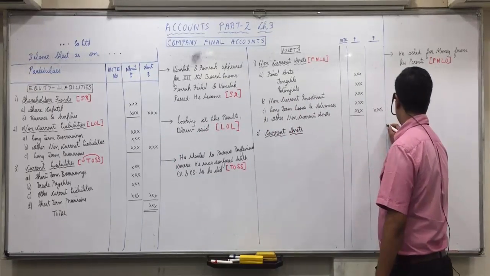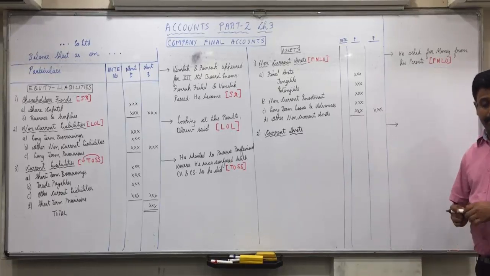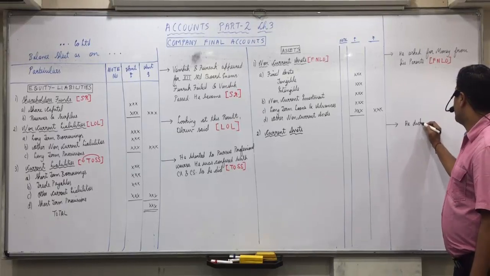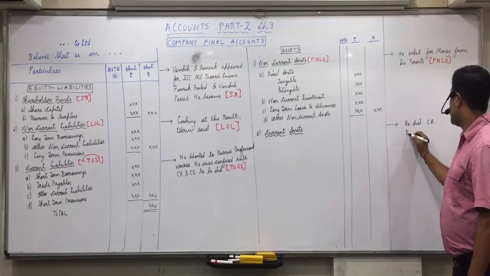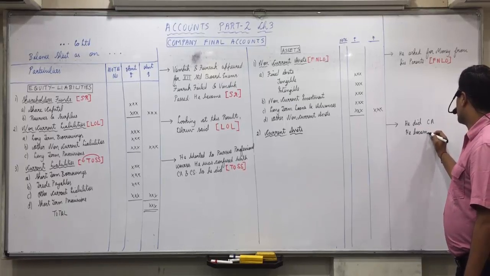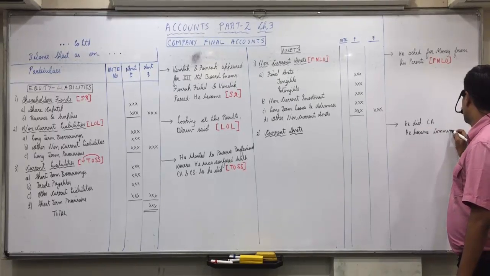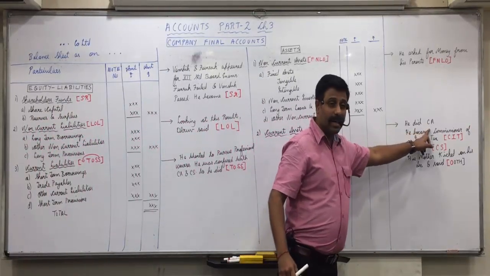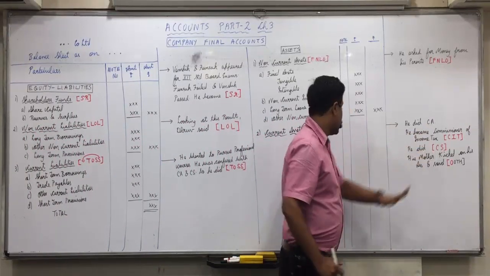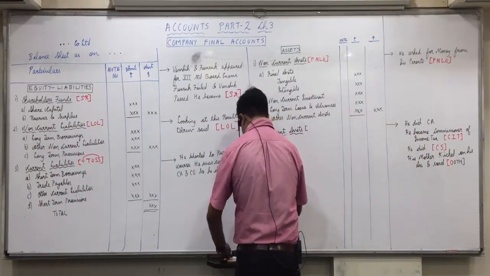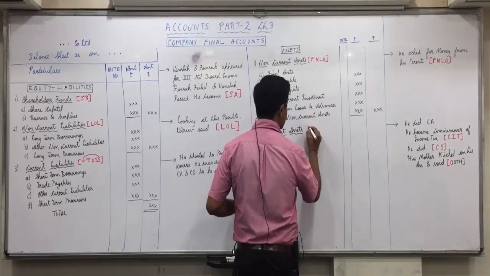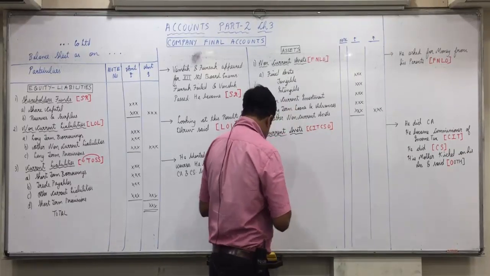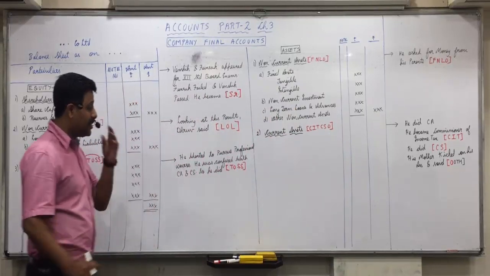After non-current assets we have current assets. Now in front of current assets you write: now with the money he did C. He became Commissioner of Income Tax. Now CA stands for current assets only. CIT, Commissioner of Income Tax, CS, and put O. These things you have to remember. CIT, CSO.